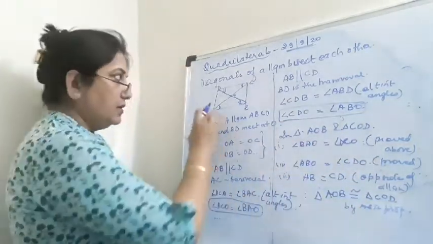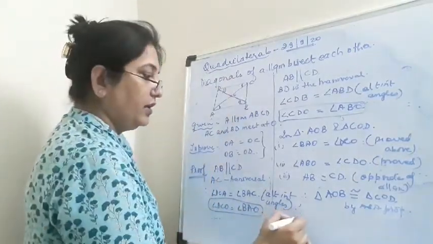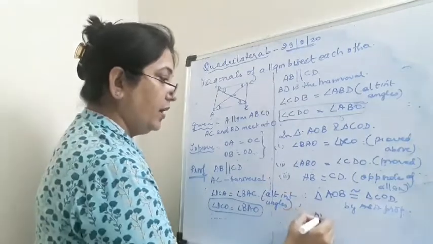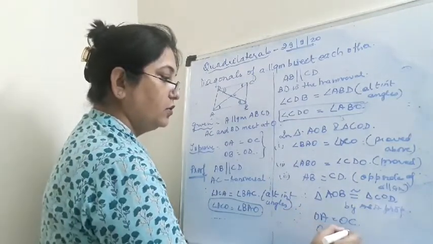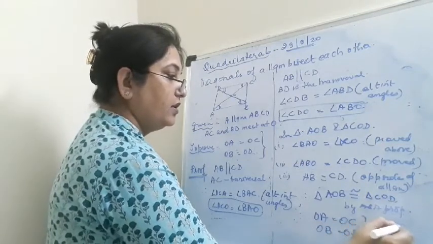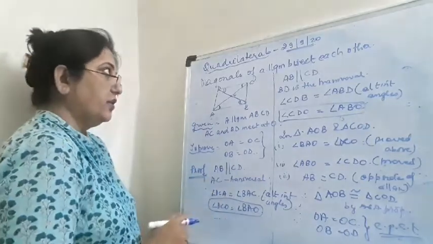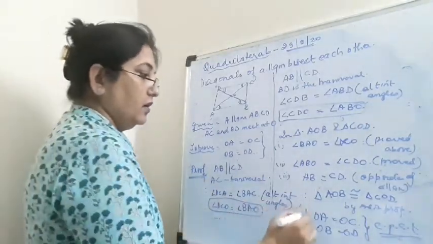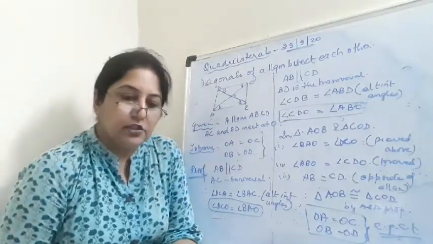Now when the two triangles are congruent, the corresponding parts are equal. Hence OA is equal to OC and OB is equal to OD, and the reason is CPCT. So in the end we can write that the diagonals of a parallelogram bisect each other.